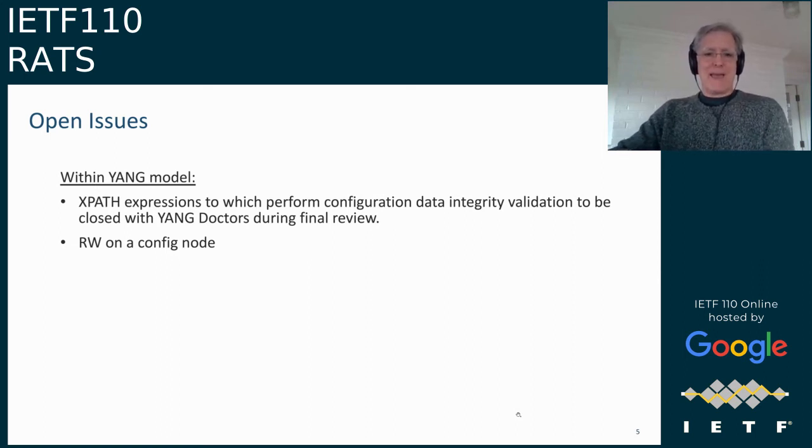There's also a fairly technical thing on XPath to make sure that the data validations are being done appropriately. And the first Yang doctor review didn't actually get to that. So we need a better Yang doctor review that will be done during working group last call. And that's all the open issues that at least I know of at this point.